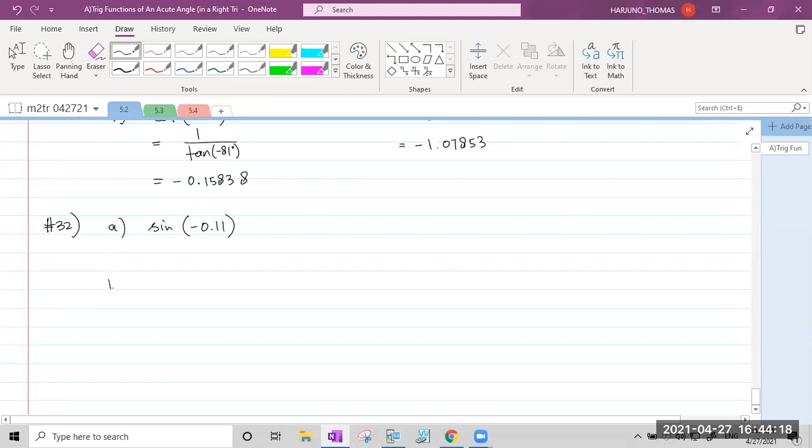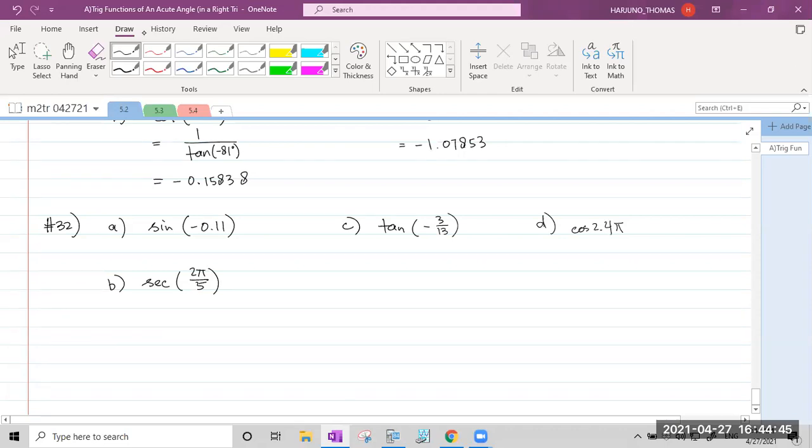Part B, secant 2 pi over 5. Part C, tangent negative 3 over 13. And part D, cosine 2.4 pi.